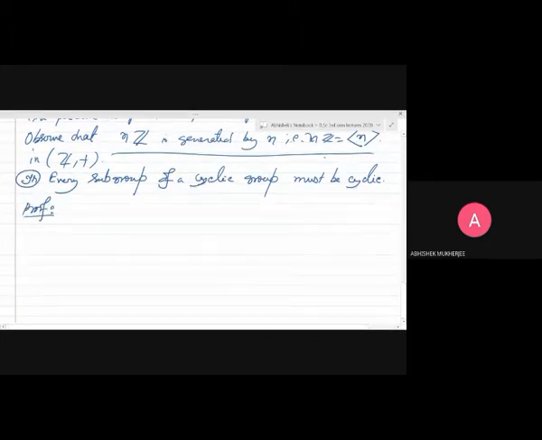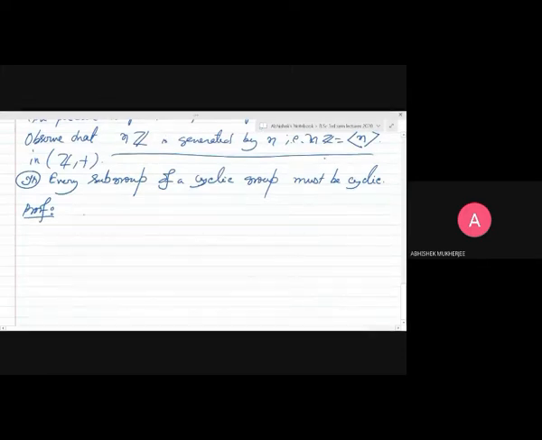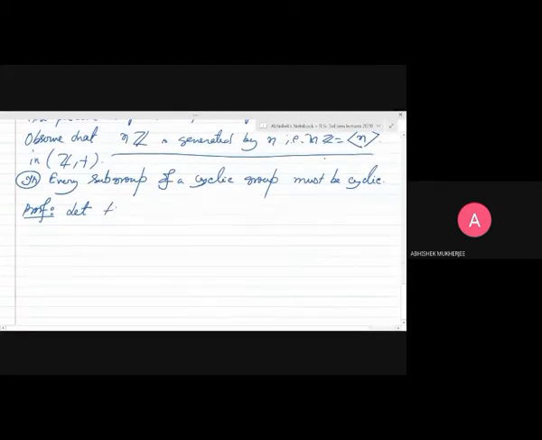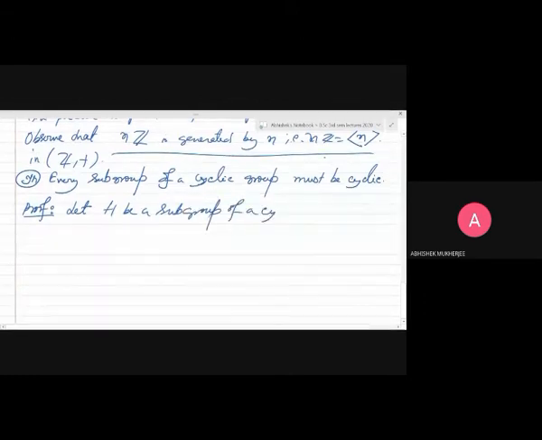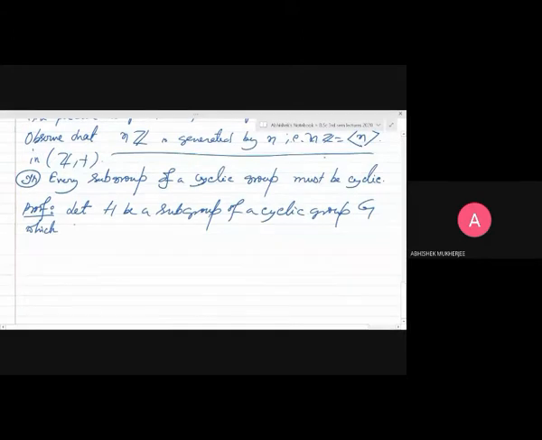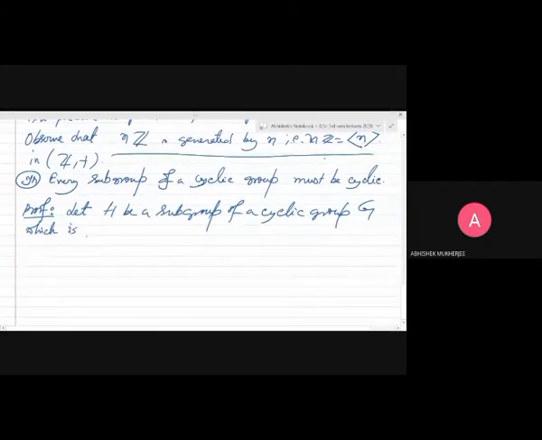Okay. So what to do? The first move will be to consider one subgroup. So let H be any subgroup of a cyclic group G, which is generated by some small a. Since it is a cyclic group, it must have a generator.